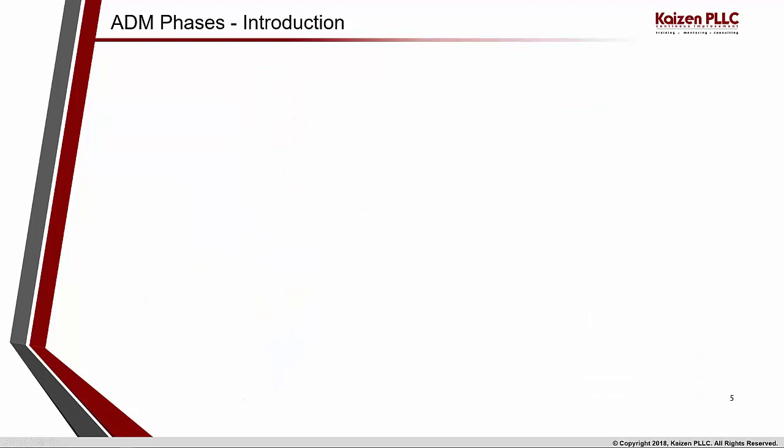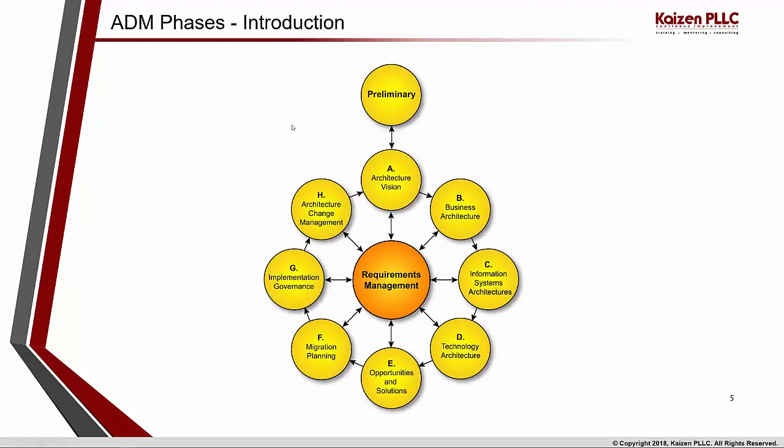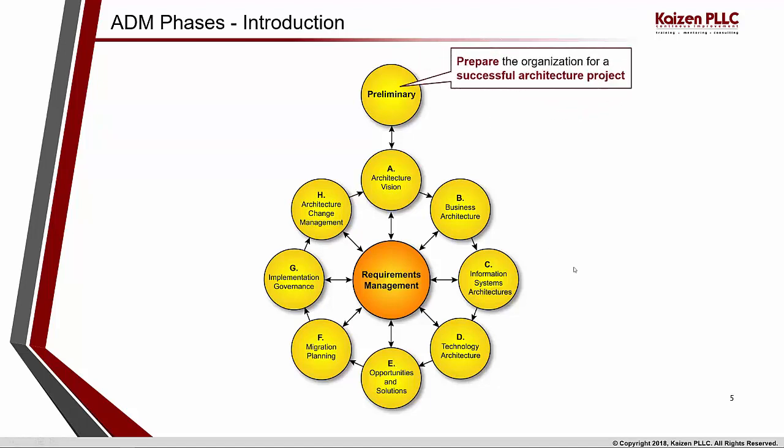Let's move ahead and now explore each phase and what details it provides us. We will look at each phase and introduce it. The first and foremost is the preliminary phase. As you can see, this is outside the actual ADM iteration.